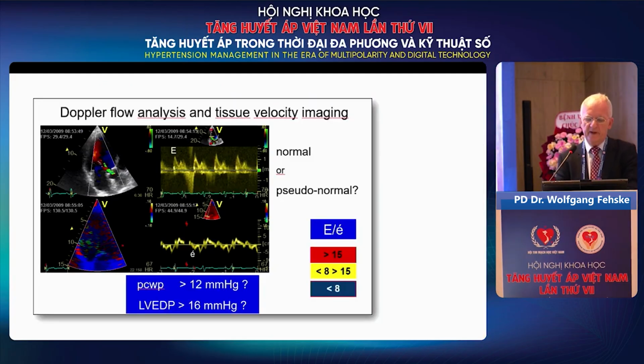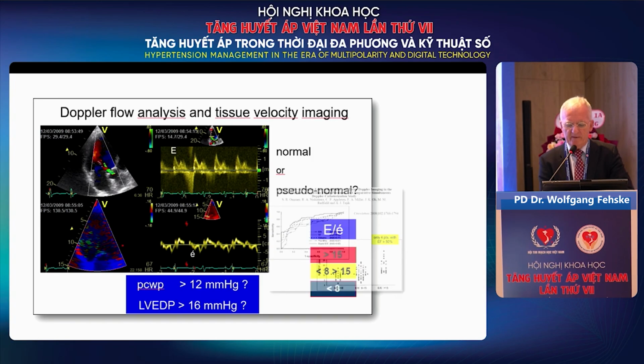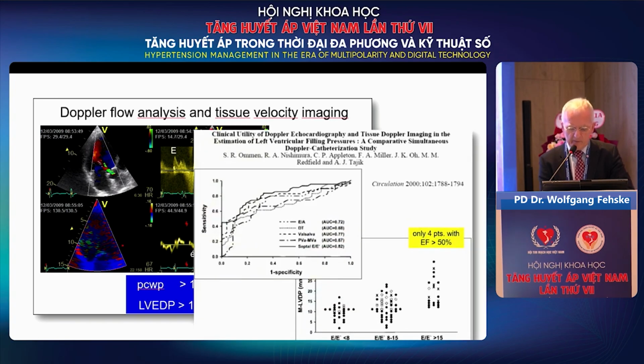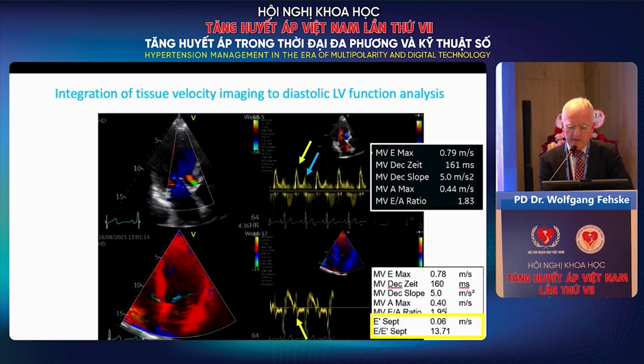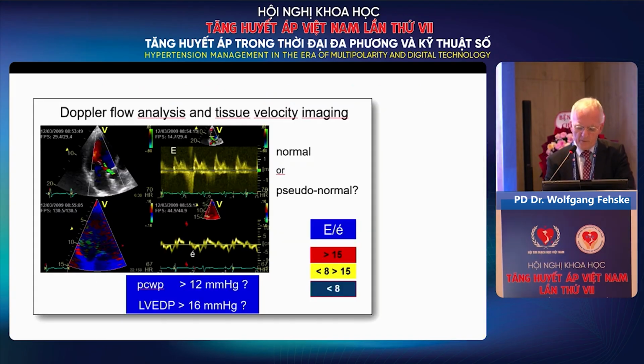And then it was described, and this is very early already from '87 from my side here, that we have these parameters. Oh, sorry, I must go back. Okay, we had these parameters, and this is still in the literature of the world, that if you have less than 8, it is normal.